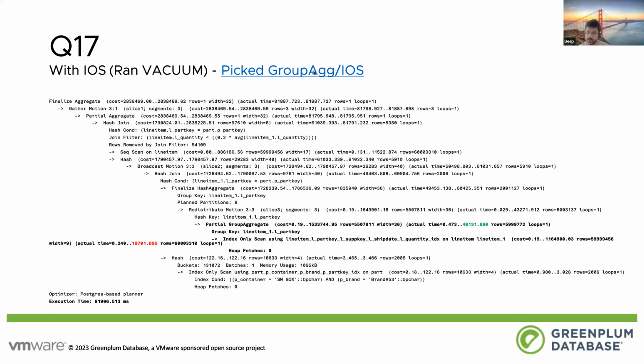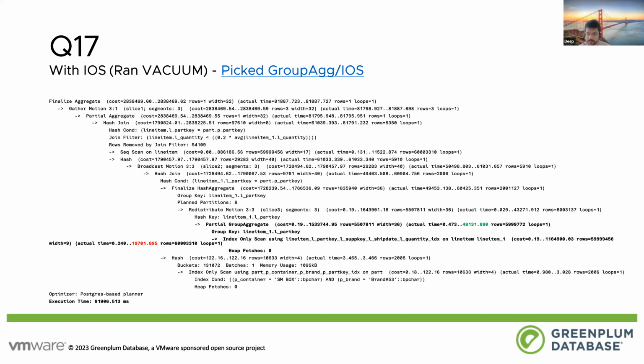There's a link to an article here, and you can look at it at your leisure. GroupAggregate and index-only scan is a very nice combination, especially when the number of groups is pretty high, because sometimes you won't be able to fit a hash table in memory, whereas a GroupAggregate would fit very nicely because you only need to keep the last group around in memory. So that's a big win right there.